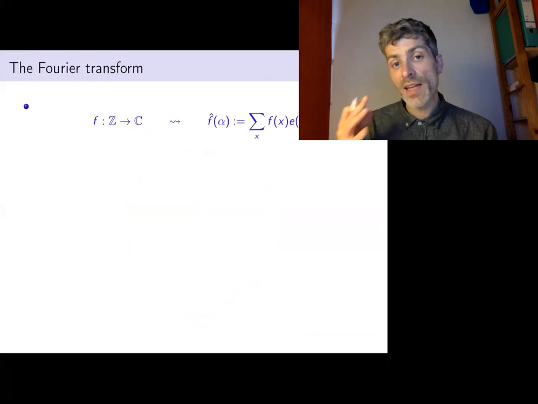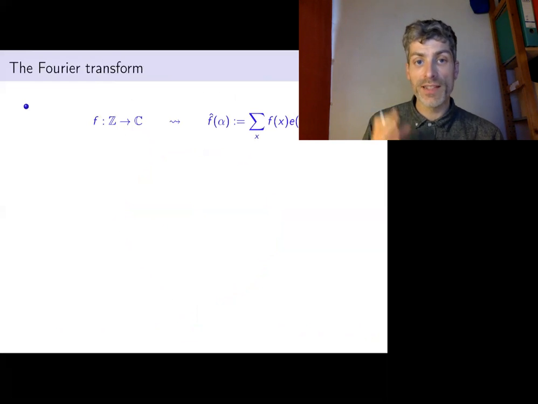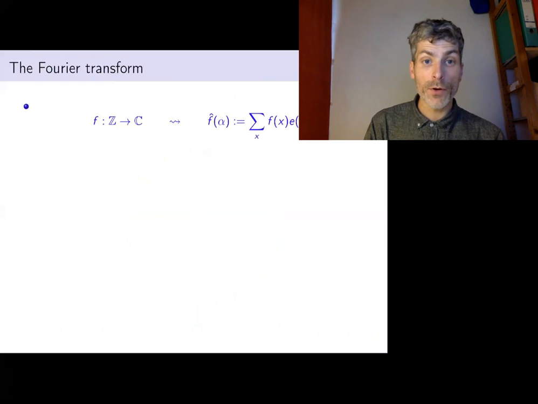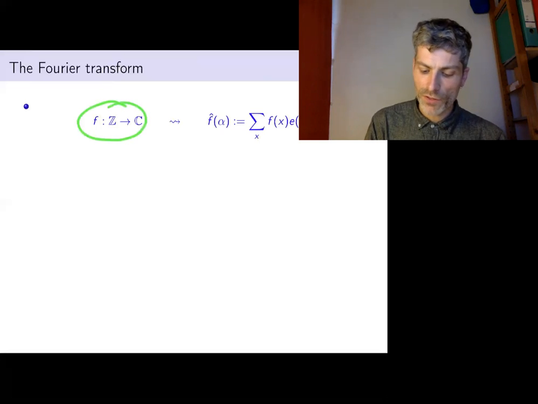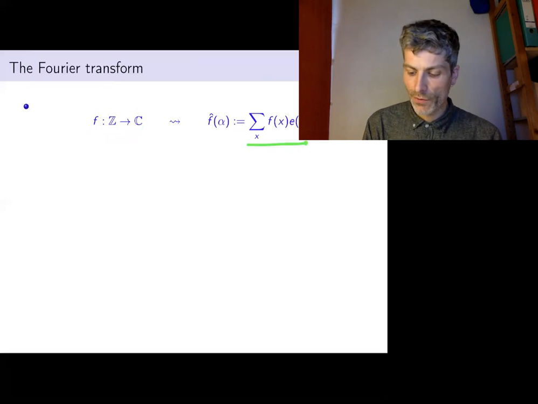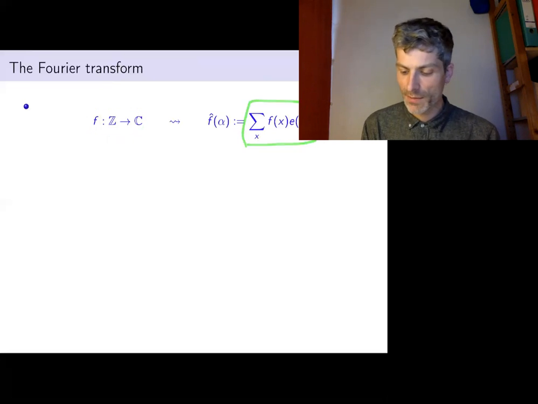So I said there's this test, Fourier uniformity, which detects this Bohr structure. To define this notion of Fourier uniformity, we need to define the Fourier transform. You take a function on the integers, finitely supported, so this sum makes sense.